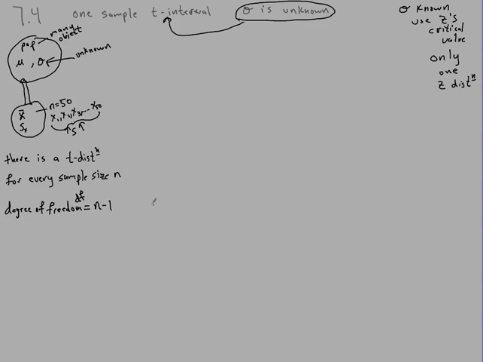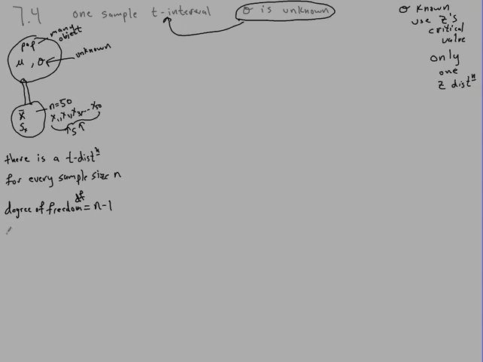It's not that complicated, but you just have to know it, because for every degree of freedom there's a t distribution. So the critical values are going to change for every single different distribution. When you start getting into sample sizes in the hundreds and thousands, the t distributions will look like the z's.